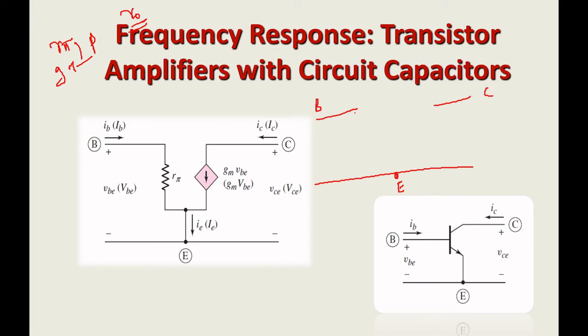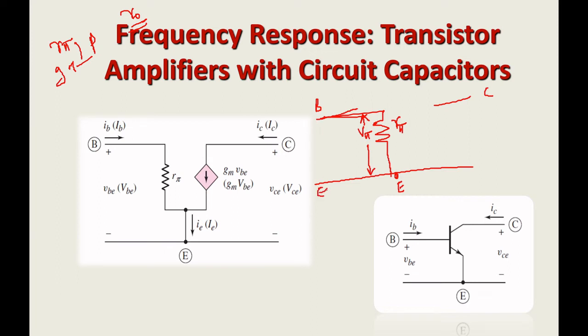What we learned is that between the base and emitter you have a mathematical resistance, that is R pi, the diffusion resistance. The drop across this R pi is nothing but V pi.